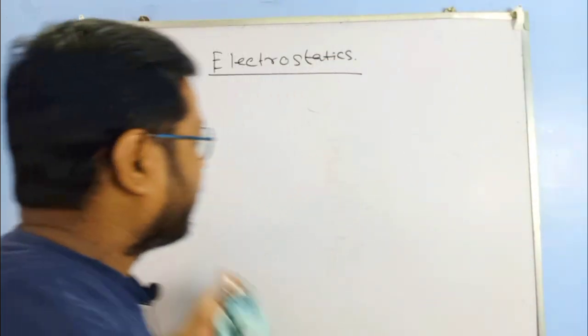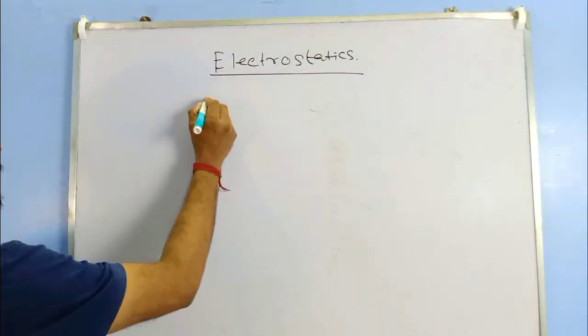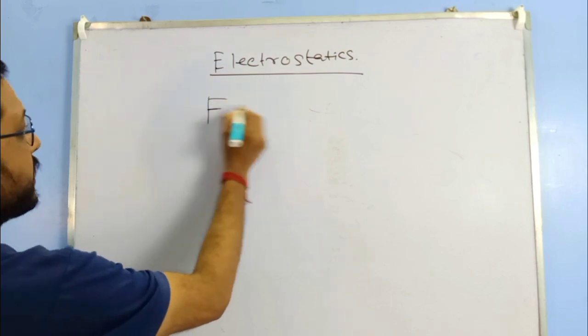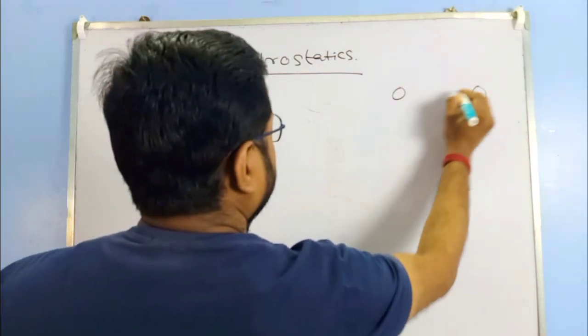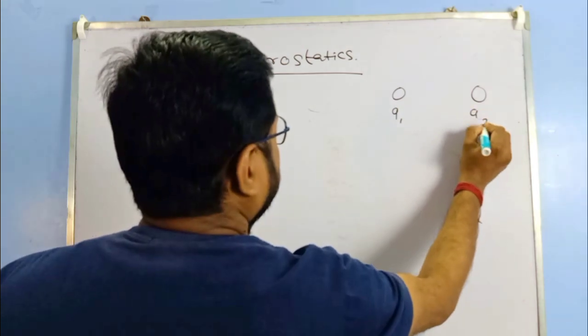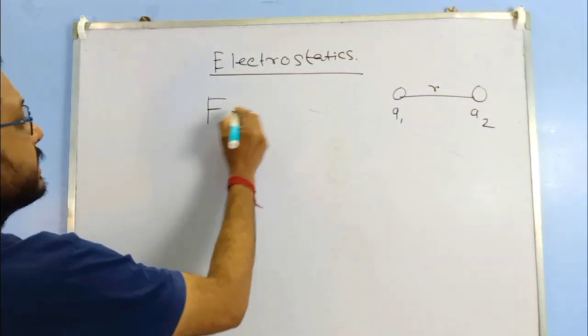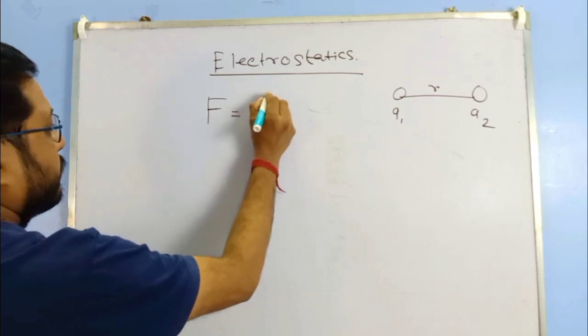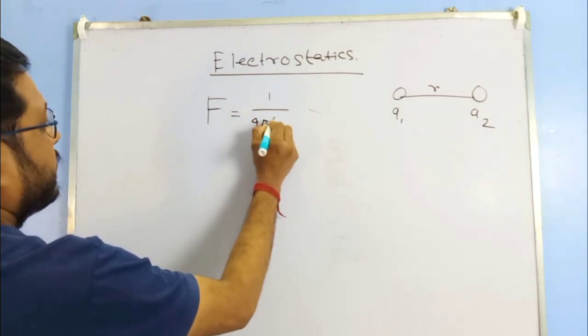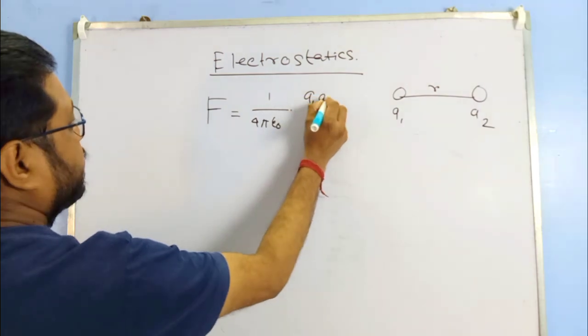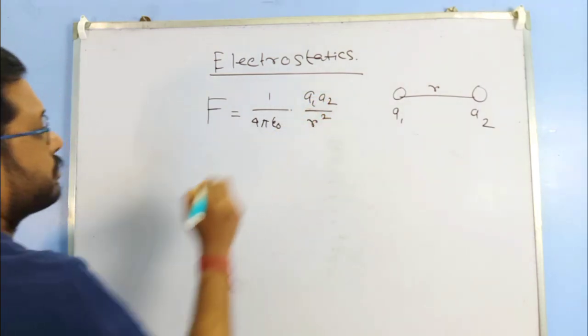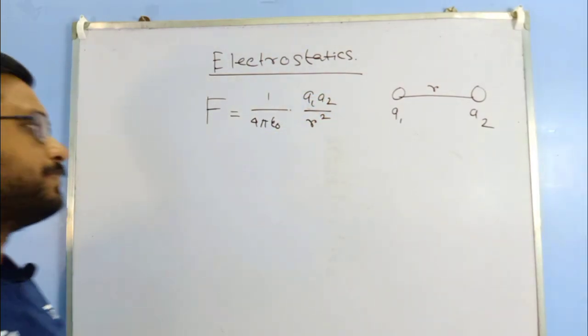At first we look at the Coulomb force F, that is the force between two charged particles Q1 and Q2 separated by a distance r in air, written as F equal to 1 by 4 pi epsilon naught, Q1 Q2 by r square.